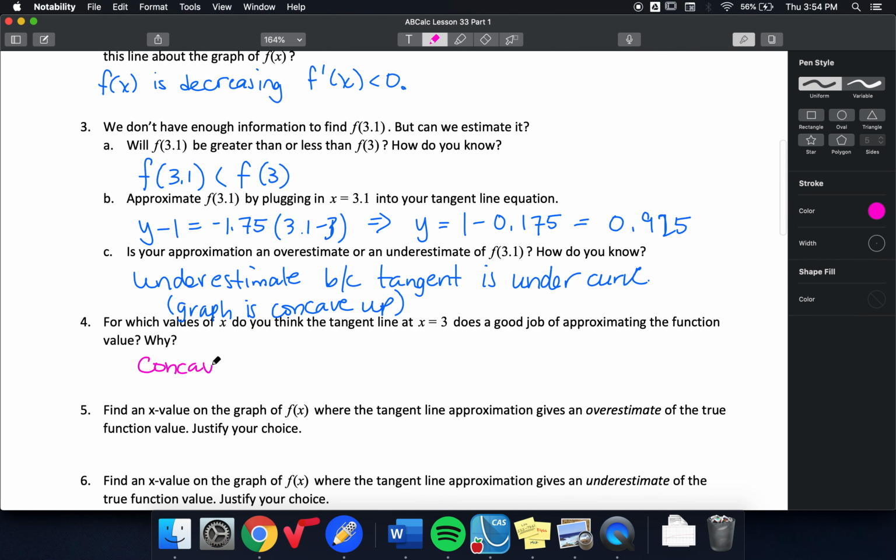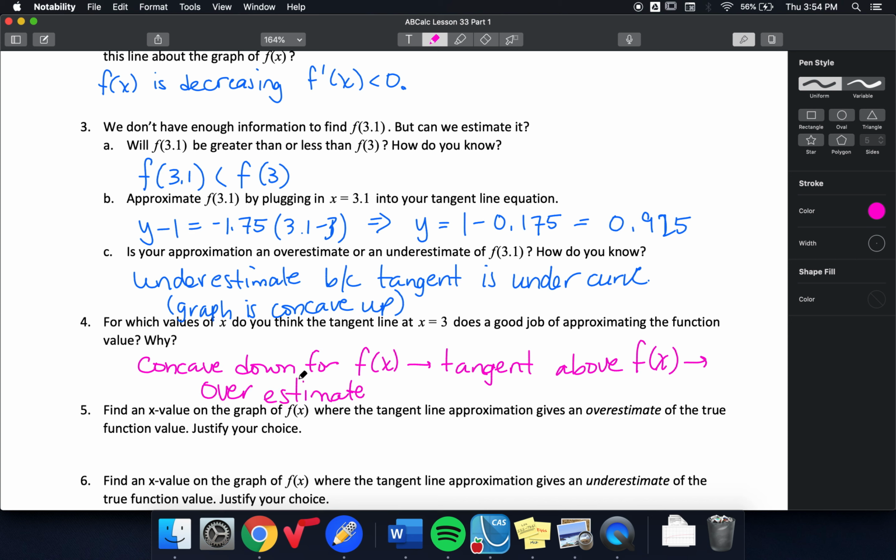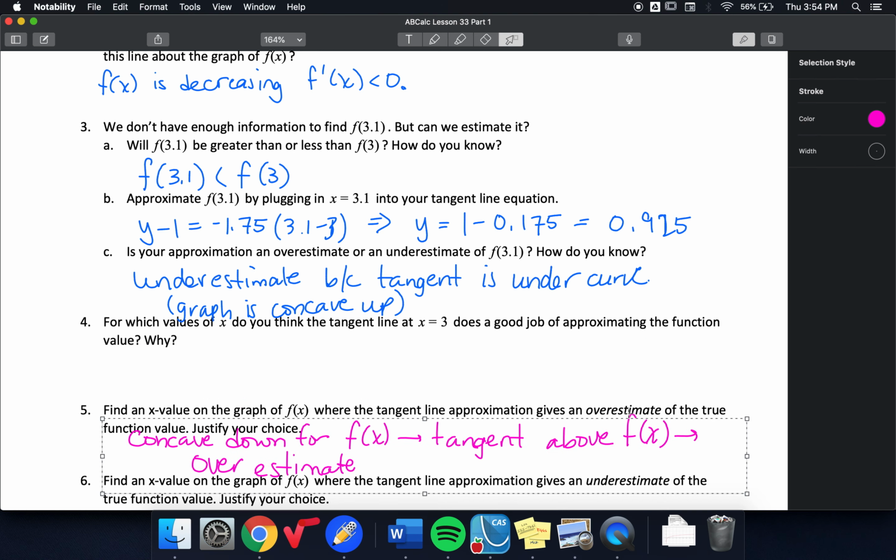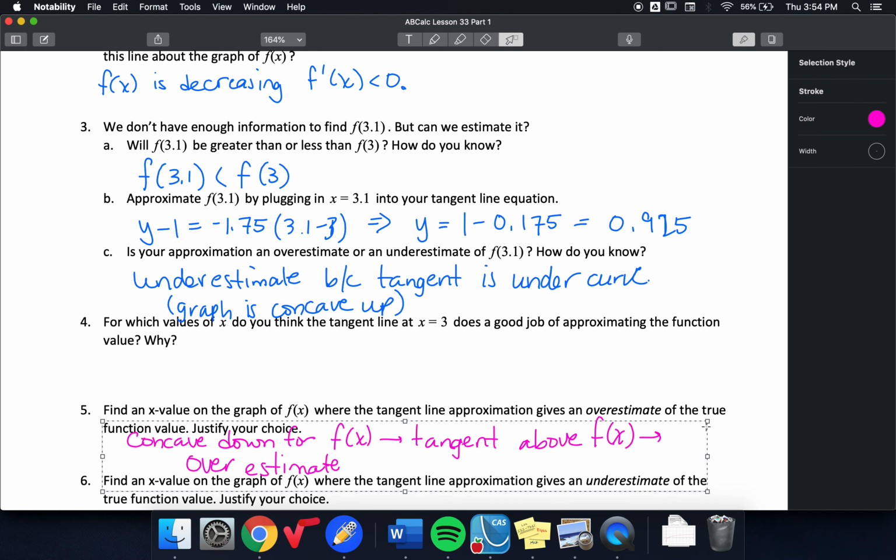So concave down for f of x leads to a tangent above f of x, which leads to an overestimate. Of course, this is my answer for 5, not 4.